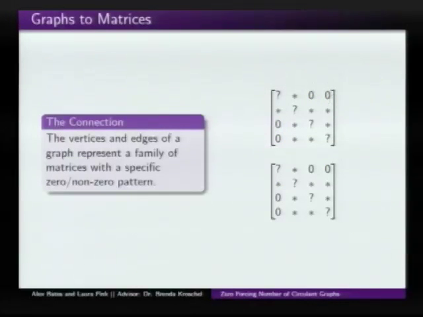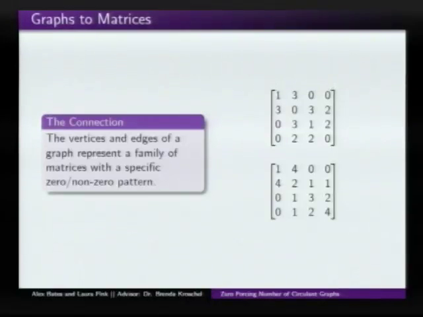Now, when we say that a graph represents a family of matrices, what we mean is that we can have this same pattern, but have different matrices that fit the pattern. For example, here are 2 different matrices in the same family.